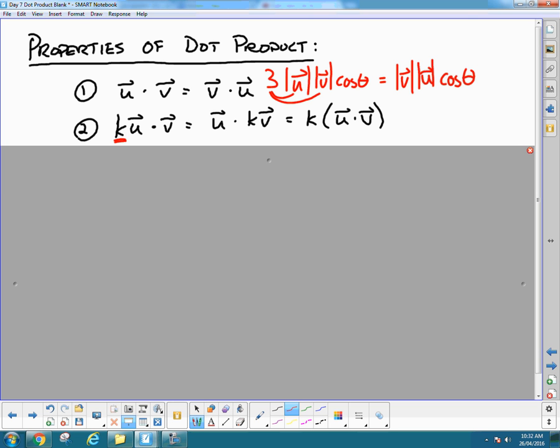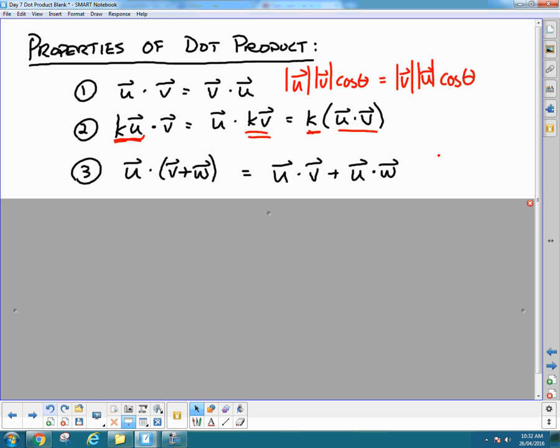It doesn't matter where you multiply. And that's what this rule says here. So k is a scalar multiple. When we're taking the dot product, it doesn't matter if the scalar multiple goes with u, or if it goes with v, or if you took their dot product first, then multiplied it by k. It's a scalar multiple, and in multiplication, it doesn't matter where I multiply that 3 in, or that 4, or whatever that scalar multiple is.